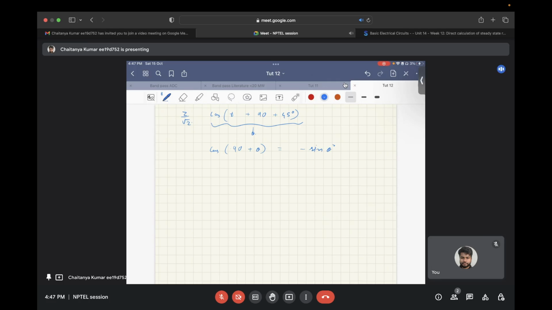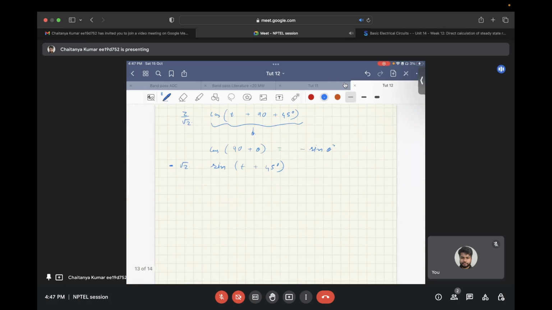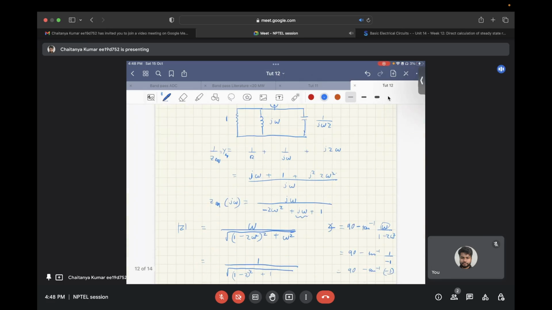So what we have over here, 2 by root 2 comes out as root 2. So minus root 2 sine t plus 45 degrees. So the asked expression here is b sine omega t plus theta. So we have minus square root 2 as value of b, and theta is 45 degrees. So this is how you need to solve this question.